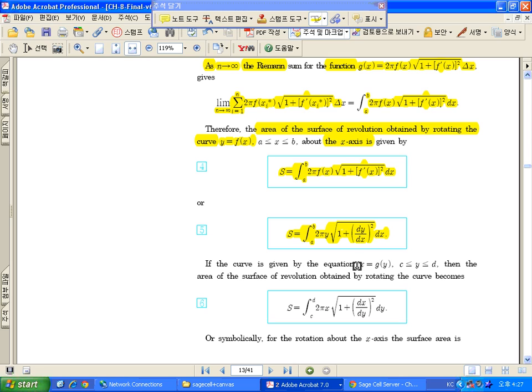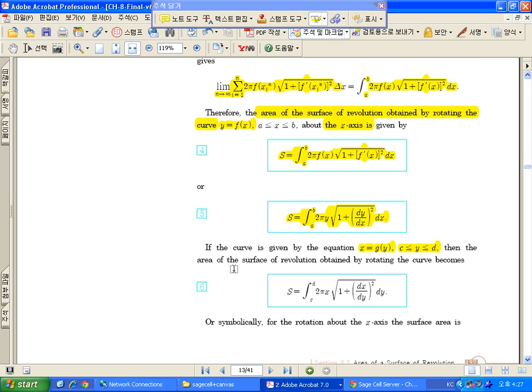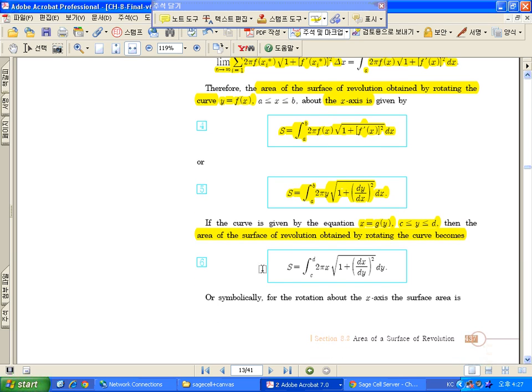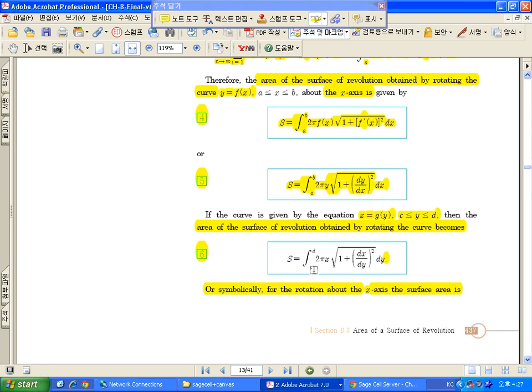Or if we have an equation x equals g of y on the interval [c, d], then the area of the surface of revolution obtained by rotating the curve about the y-axis becomes this: the integral from c to d of 2π x times the square root of 1 plus x prime squared dy.